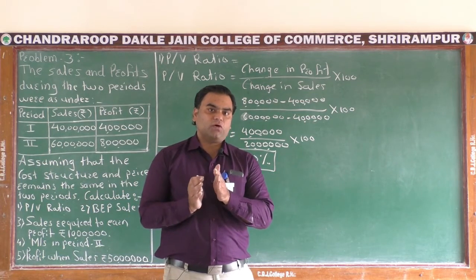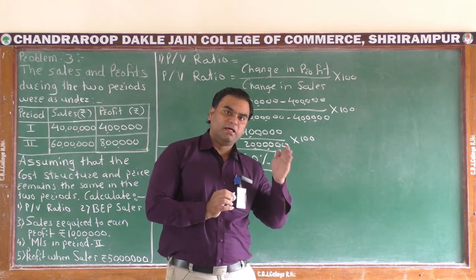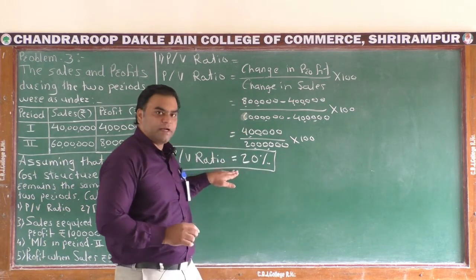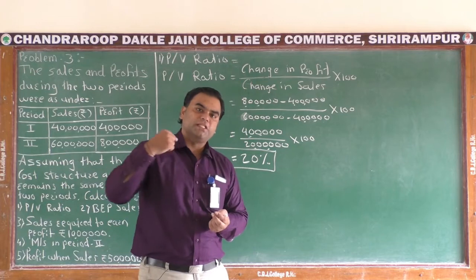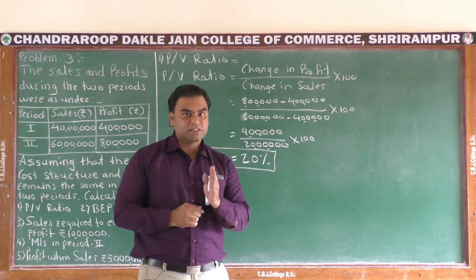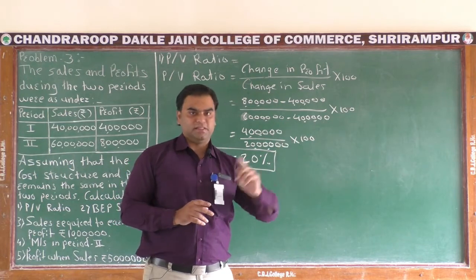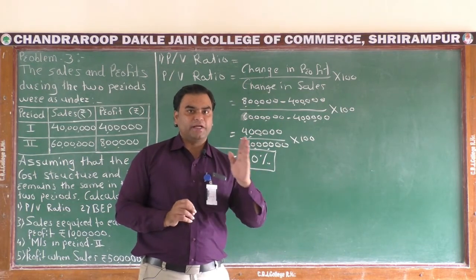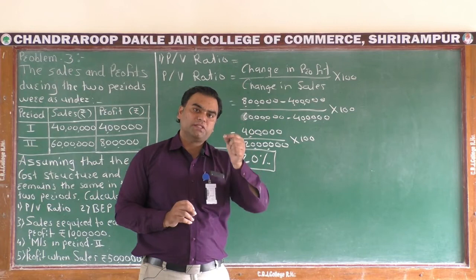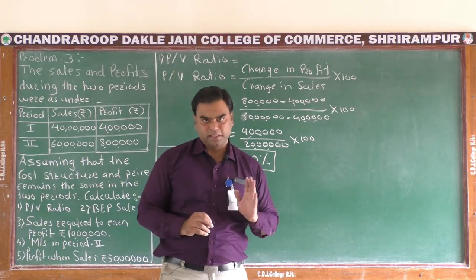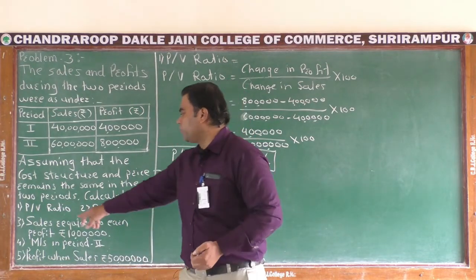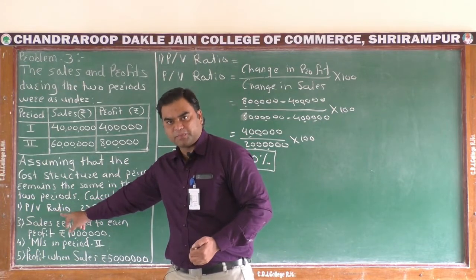That's why it is called as contribution ratio or marginal ratio. PV ratio is 20% or contribution to sales ratio is 20%. It means contribution is 20% of sales. Now we have calculated first item, that is PV ratio.